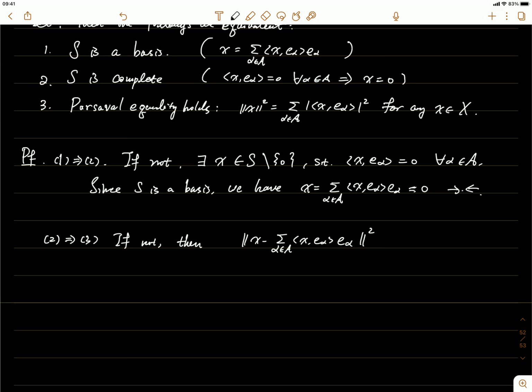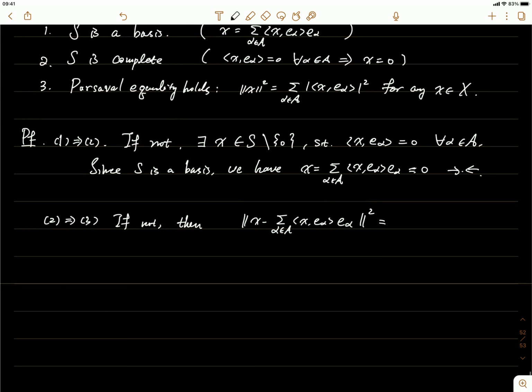We know that the norm squared of x is always greater than or equal to the sum of the squared coefficients.